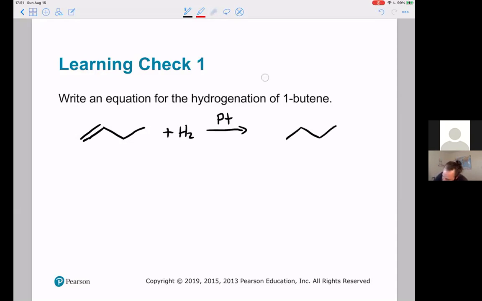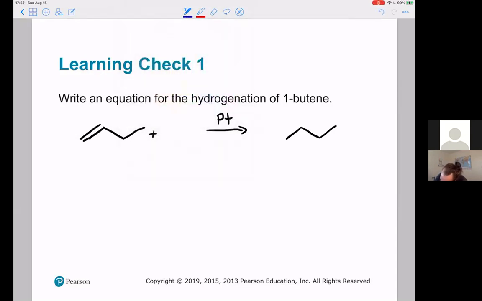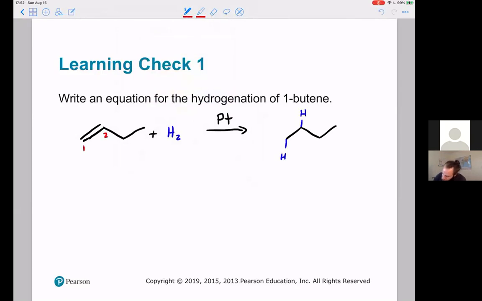And actually, you know what I'm going to do is, okay, and what I've done is I've added a hydrogen here and a hydrogen there, right? So here's carbon 1 and 2, carbon 1 and 2.